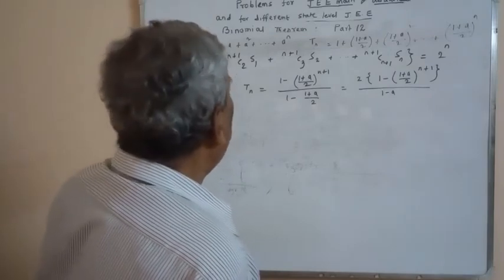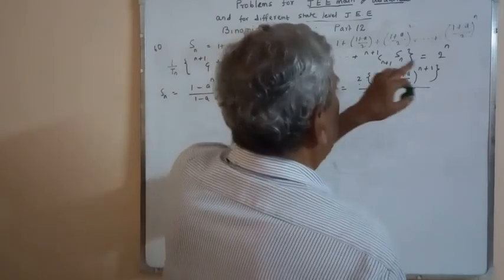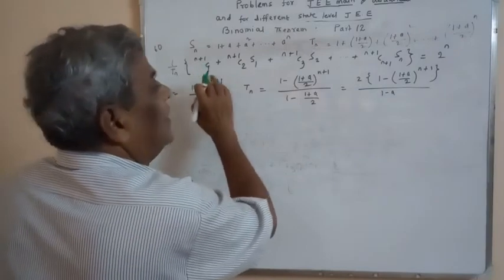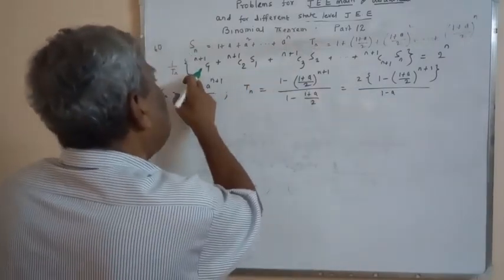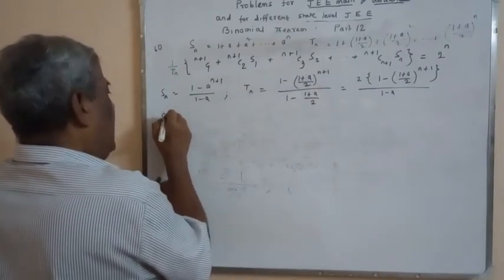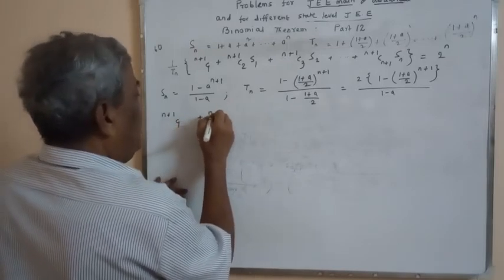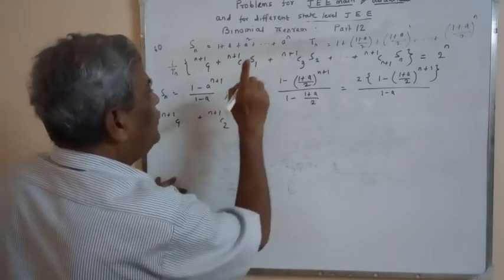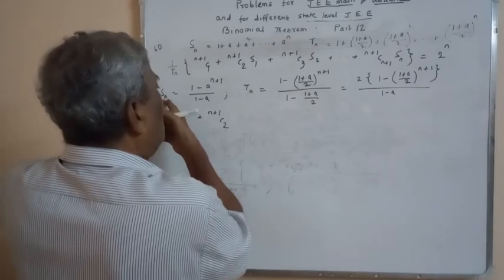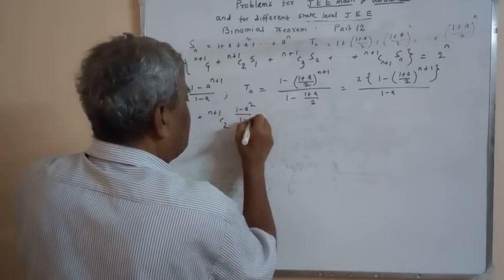Now, to find the value of 1 by Tn into this, whose value is 2 to the power n, let us start with the expression within the second bracket. Let us start from here: n plus 1 C1 plus n plus 1 C2 into S1. S1 is nothing but, put n equal to 1 over there, (1 minus a square) by (1 minus a).